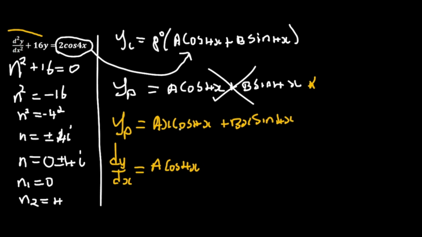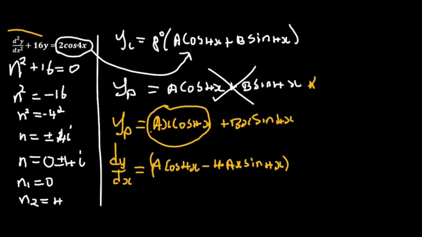Since the derivative of cos is negative sine, and differentiating 4x gives 4, it will be minus 4ax sine 4x. So we are done with this derivative here.